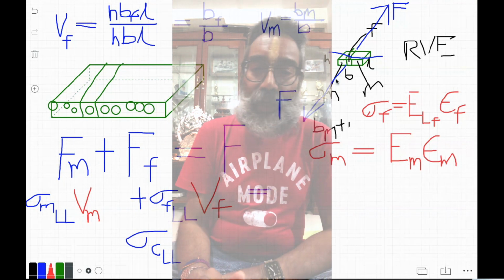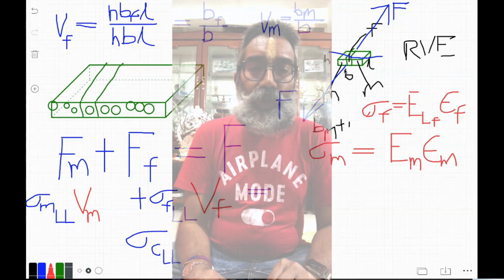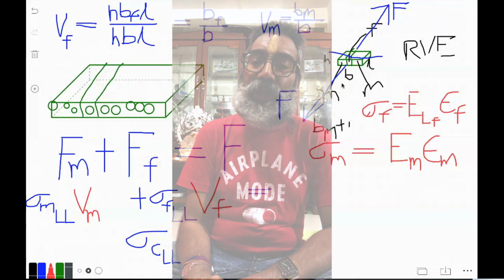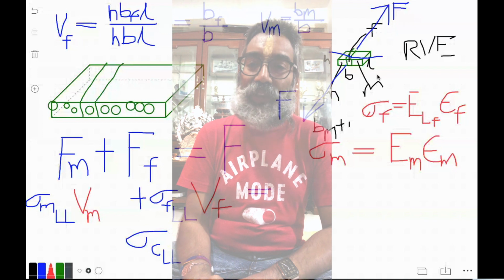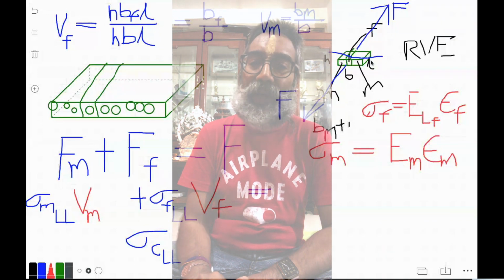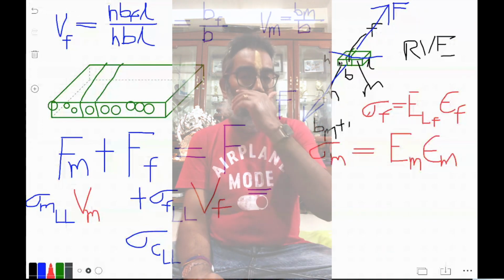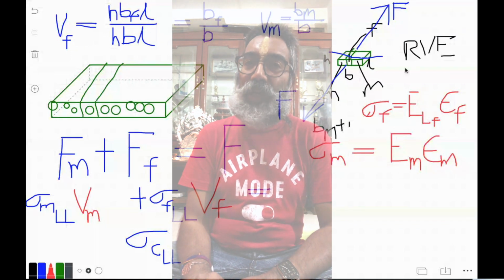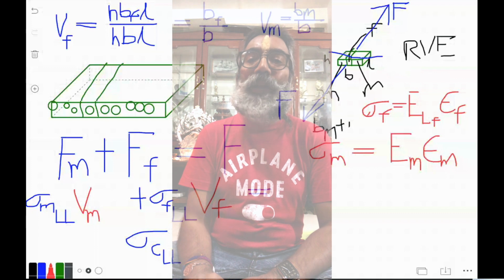Now we are saying that the total deflection of the fiber, in other words, because we are applying a tensile load, it is extending its length from L to L plus delta L, and that delta L is common for the matrix, the fiber, as well as the composite. So we'll just call that as delta.